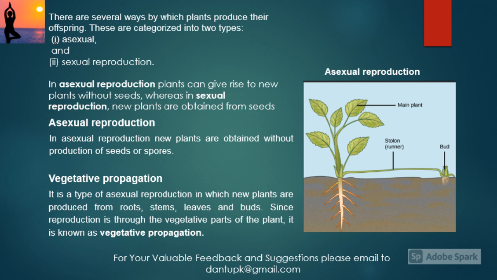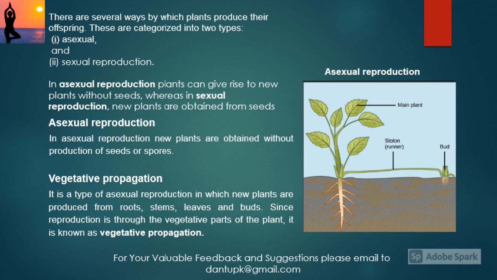There are several ways by which plants produce their offspring. These are categorized into two types, asexual and sexual reproduction. In asexual reproduction, plants can give rise to new plants without seeds, whereas in sexual reproduction, new plants are obtained from seeds. Asexual reproduction.